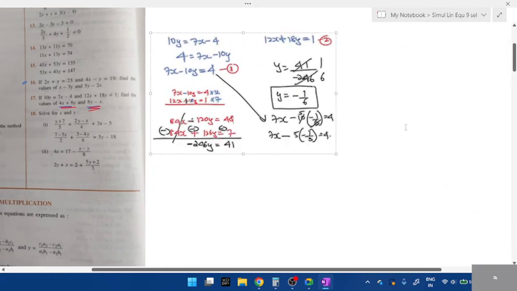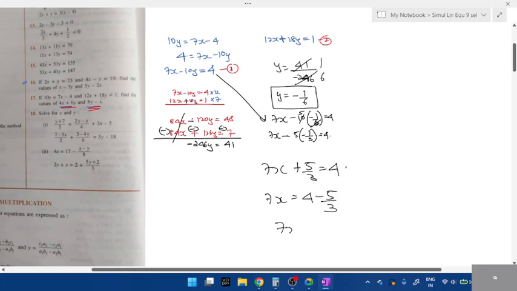Okay, let me complete this because it's getting late. 7x, what will you get, student? 7x, open the bracket, minus into minus is plus 5 divided by 3 is equal to 4. Keep 7x as it is. Take LCM.